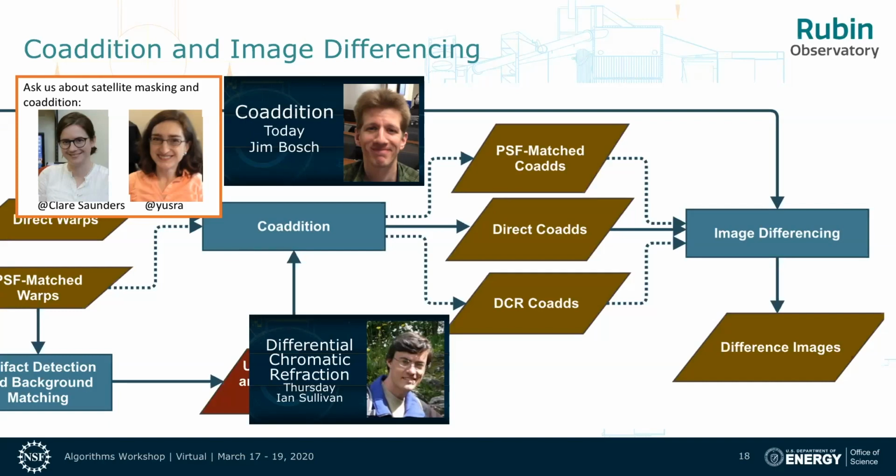This is called differential chromatic refraction. You'll have dipoles appear in your coadds, with the bright lobe on one side for some objects and the bright lobe on the other side for some other objects. Ian Sullivan has been working on mitigating the effects of DCR, and will be presenting project efforts towards that later this week on Thursday.